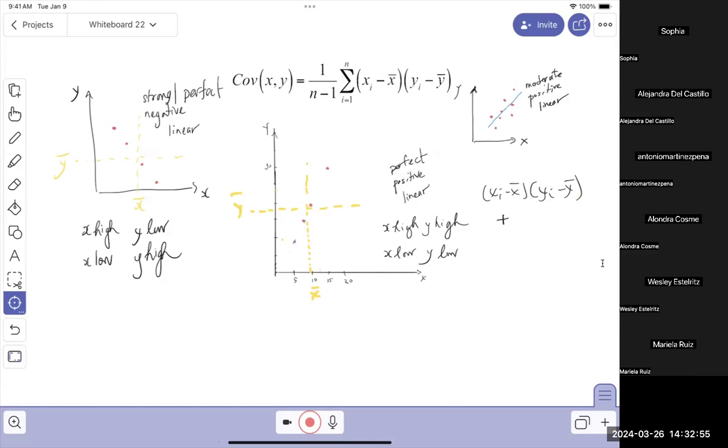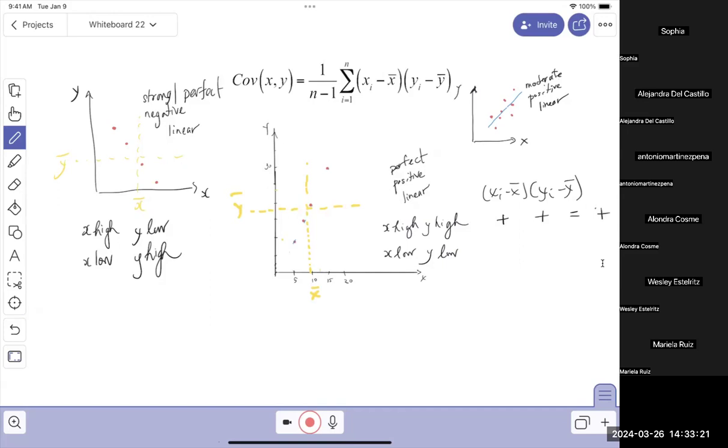If x is high, it's going to be positive when I subtract x bar. If y is high, it's going to be positive if I subtract y bar. Positive times positive. What's a positive times a positive? Positive. Okay, now let's do the next one.